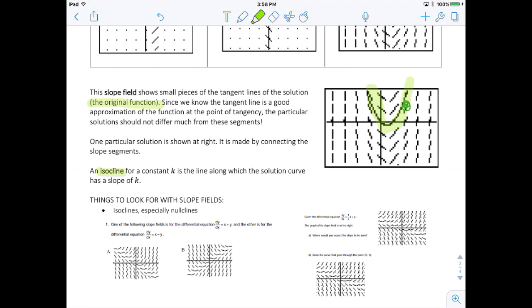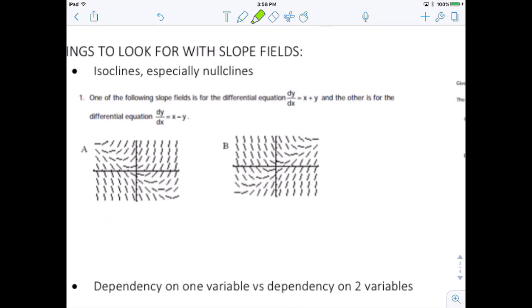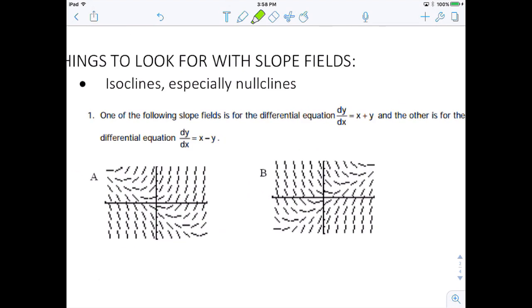So, quick tips when we look at slope fields. First one is to look for isoclines, especially nullclines. Again, an isocline is any point where a slope field has a particular slope, but a nullcline will be any point where a slope field has a slope of 0. Null should make you think 0. In this particular case, I have an A and a B. One of the following is for dy/dx equals x plus y.